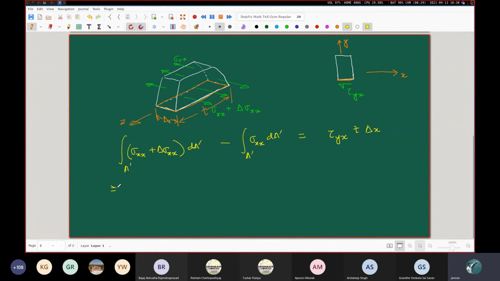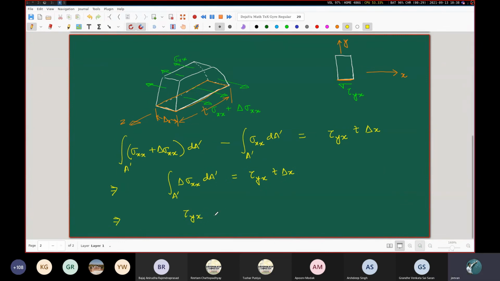So in the next step, we can simplify this a little bit by noting that this sigma xx dA dash integrated over A dash will be cancelling out with this. So we'll be left with just delta sigma xx dA dash integrated over the entire area A dash, and this is going to be equal to tau yx t delta x. Now we are just going to swap the two sides.